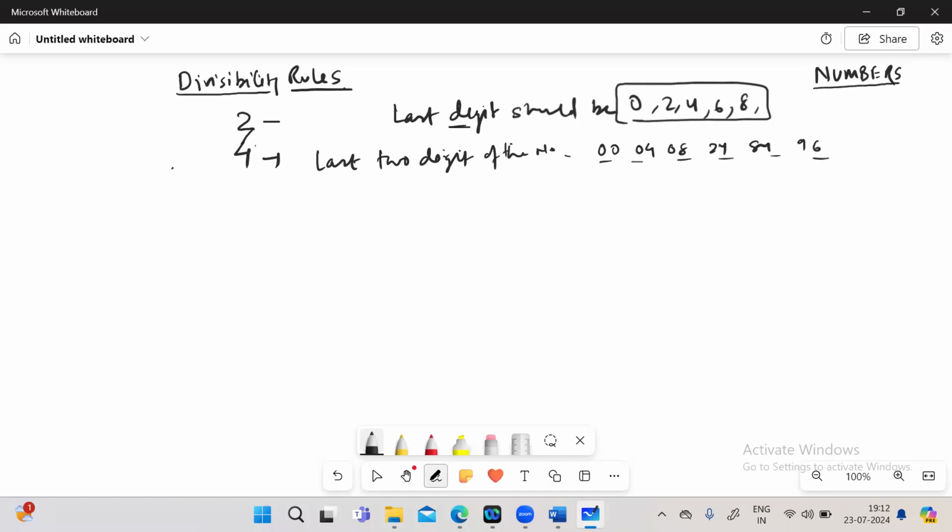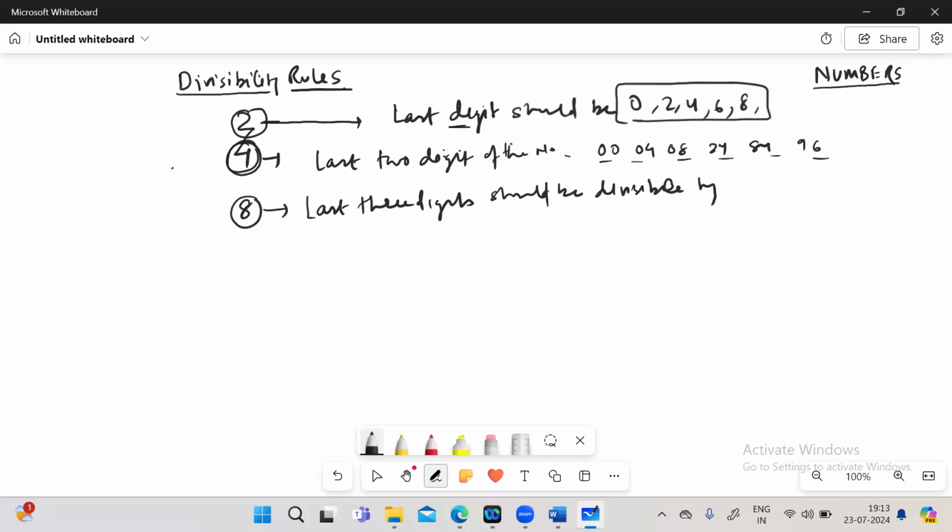So keeping this in mind, can we also say that the divisibility rule for 2 is that the last digit should be divisible by 2? Let me give you another example. Let's take 8. What should be the divisibility rule of 8? Last three digits should be divisible by 8.